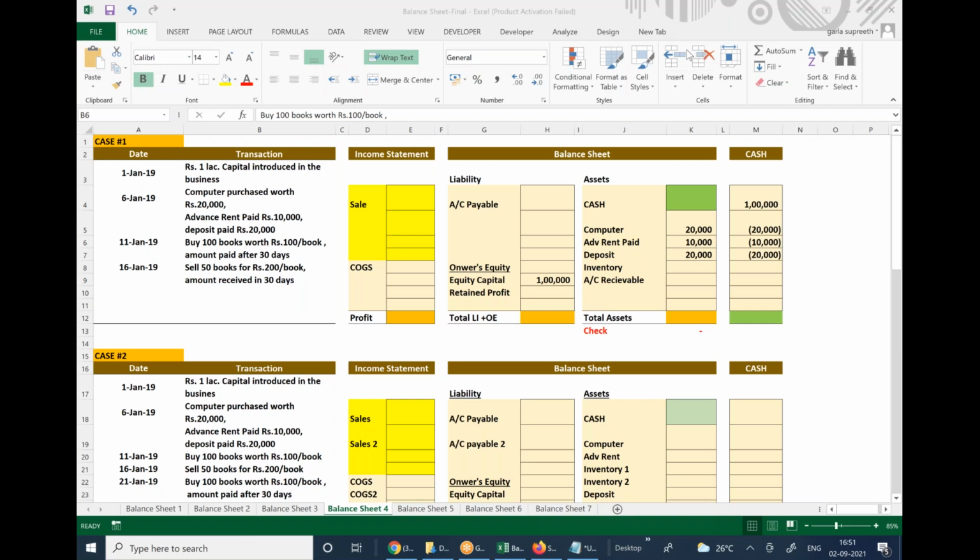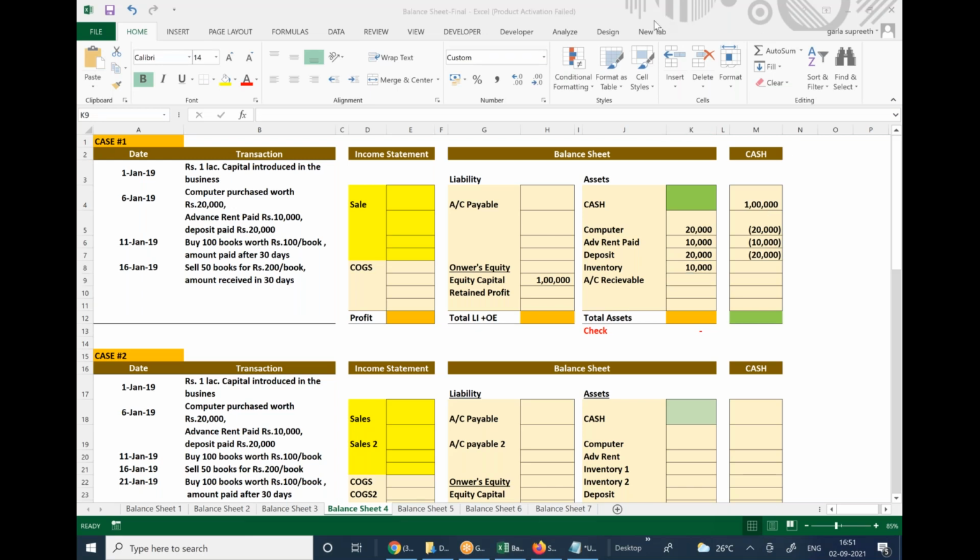Increase my inventory. I will show you how to record it in an Excel sheet. Don't directly use a calculator or mobile calculator where you find the answer and then type it directly. Don't do it. Equals 100 books, each price of that book is 100, so equals 100 into 100. Type it like this.